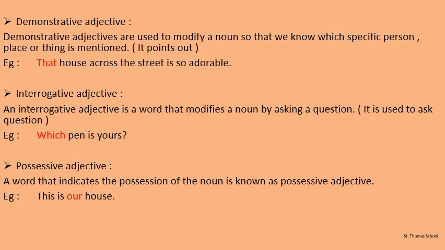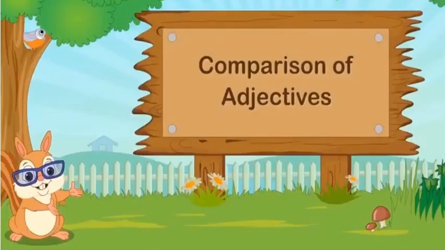Belongingness means that particular thing belongs to his, her, their, like that. See the example: This is our house. So whose house is it? Our. So the word our is a possessive adjective.